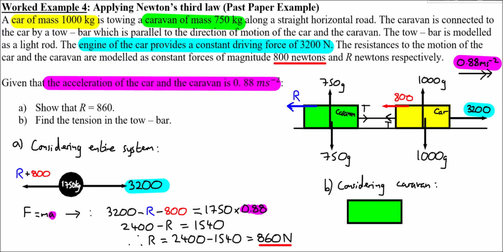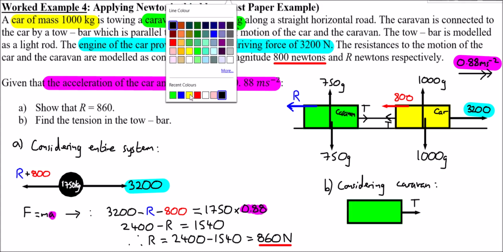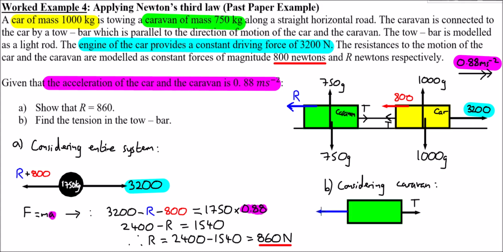So again, the force pushing the caravan forward is just the tension. So that's T, which is what we're trying to find out, obviously. And resisting the motion is R, which is worked out to be 860 newtons. So we can label in R as being 860. And of course the mass of this caravan is 750 kilograms.